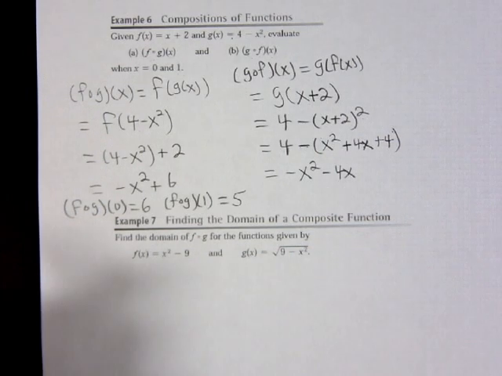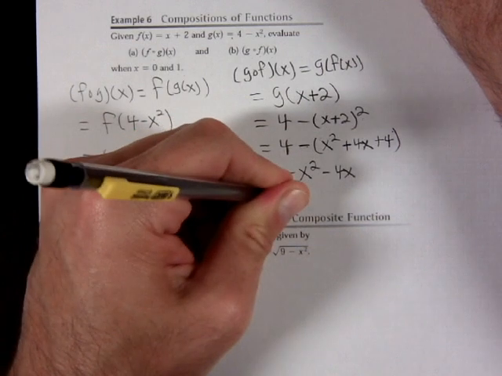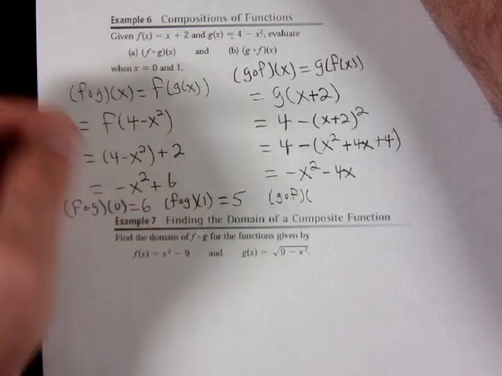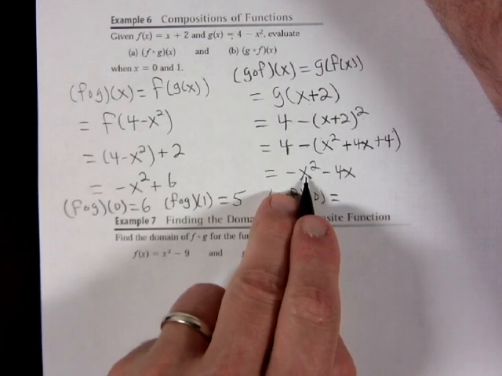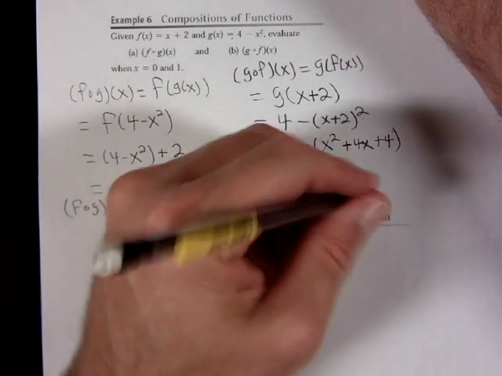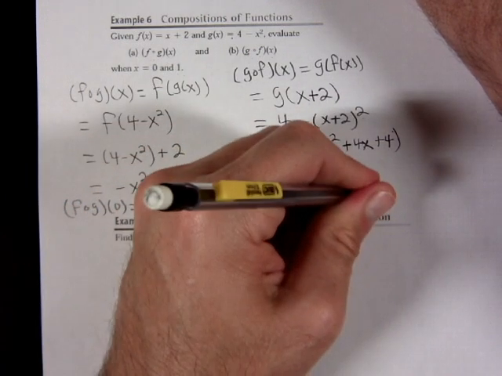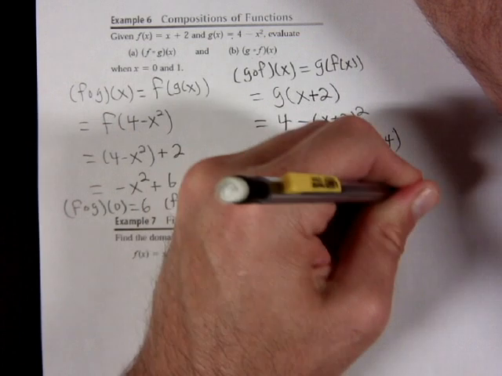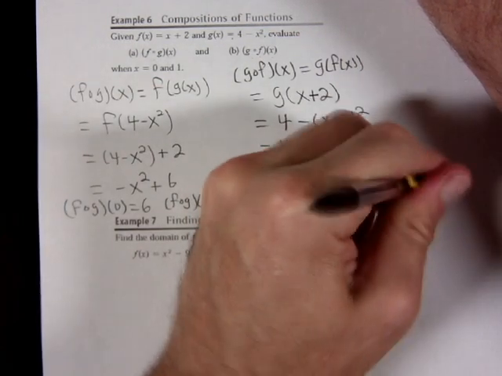All right? Now let's evaluate what they asked me for. They want me to find g of f of 0. So if I shove 0 in there and 0 in here, then g of f of 0 is going to be 0 all the way around. And then now let's go g of f of 1.